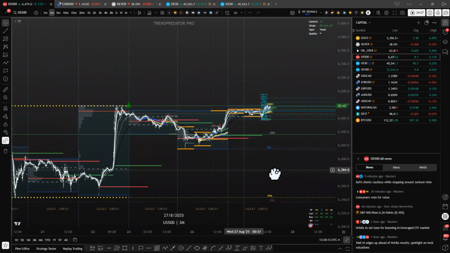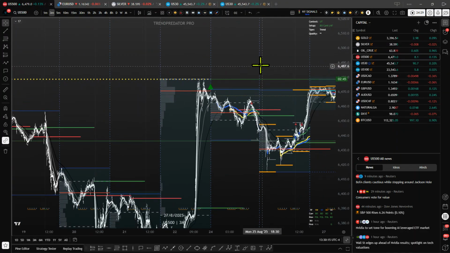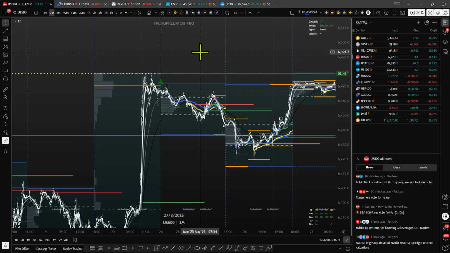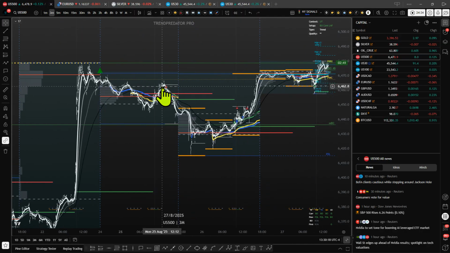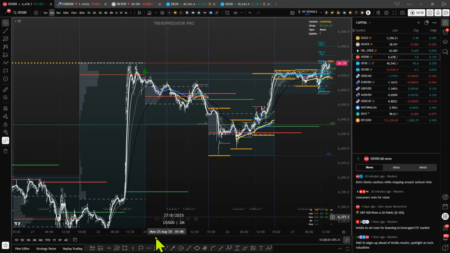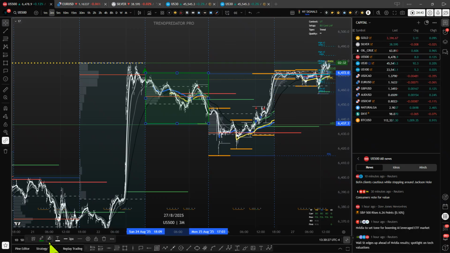I was wondering what on earth was going on there. Right, so Monday was an inside day. Okay, an inside day. So we'll just mark that as an inside day. We'll box it off, inside day, and give it a yellow color for being neutral.